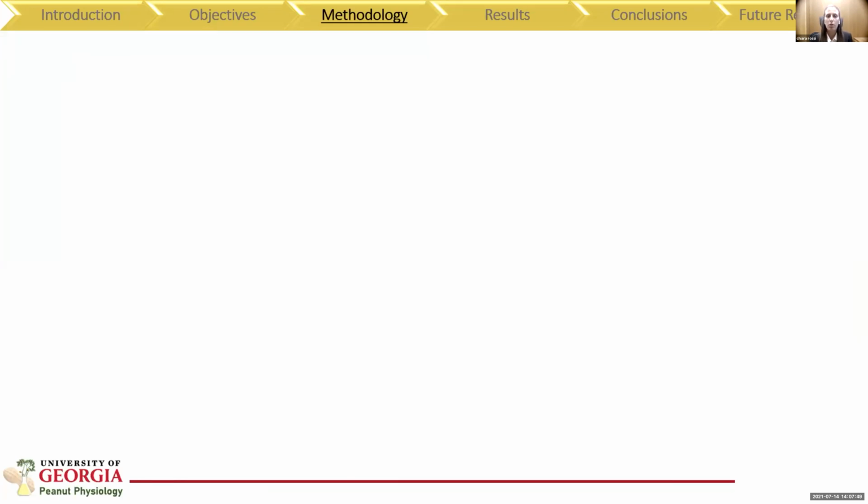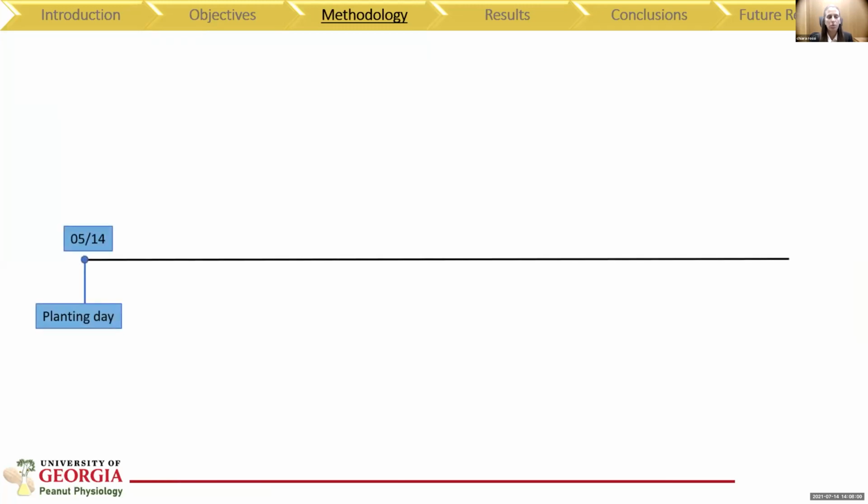I will now show you a flow chart that represents all the measurements that we collected in the field. And then I will explain how we collected these measurements. So first of all, the field was planted on May 14th. And then at 32 days after planting, we collected the first physiological measurements as a baseline.